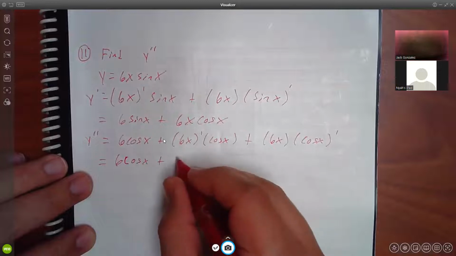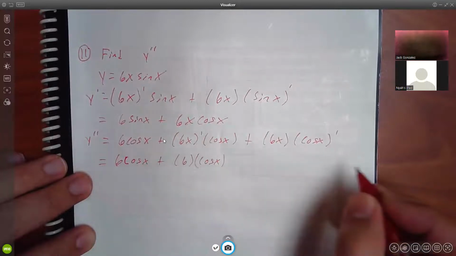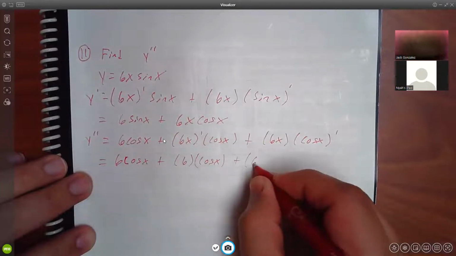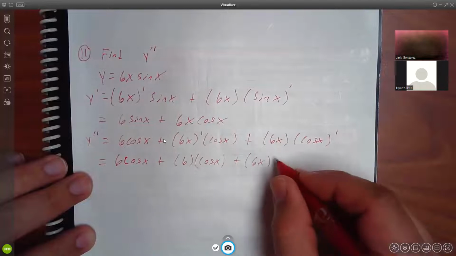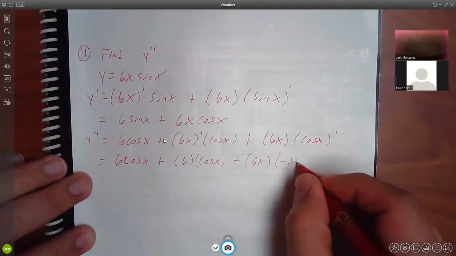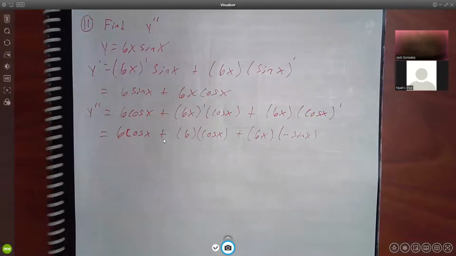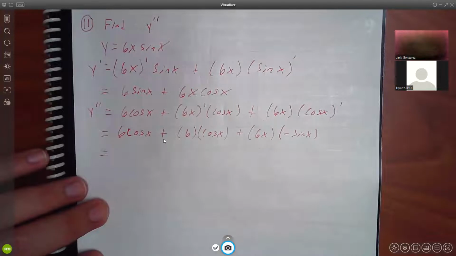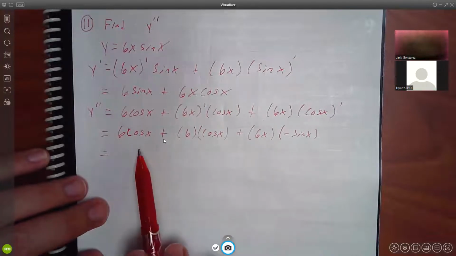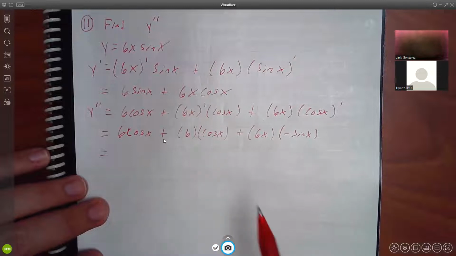Derivative of 6x, and derivative of cosine is negative sine. We have 6 cosine and 6 cosine, right?